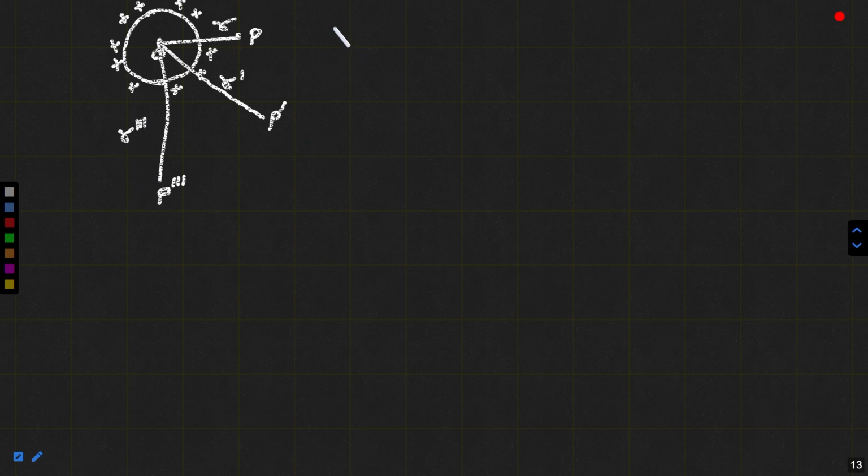So what is the correct order of the electric field at point P, P prime and P double prime? What is the correct order? E at P, electric field at point P prime, and electric field at P double prime.